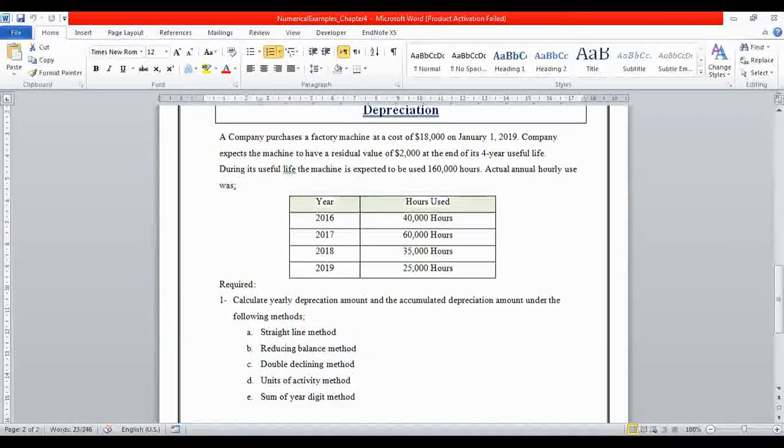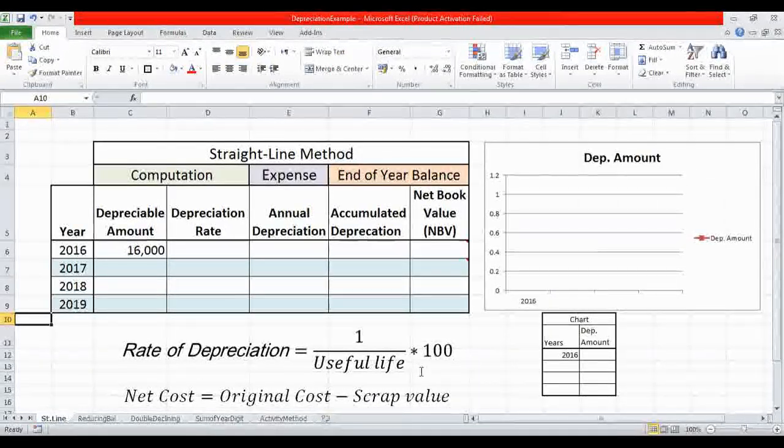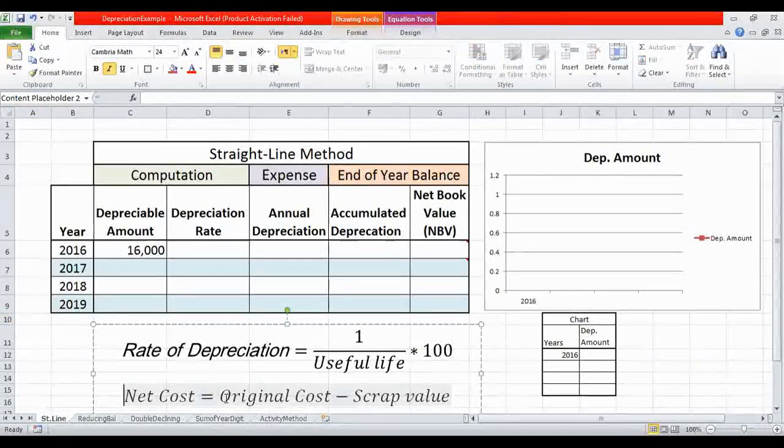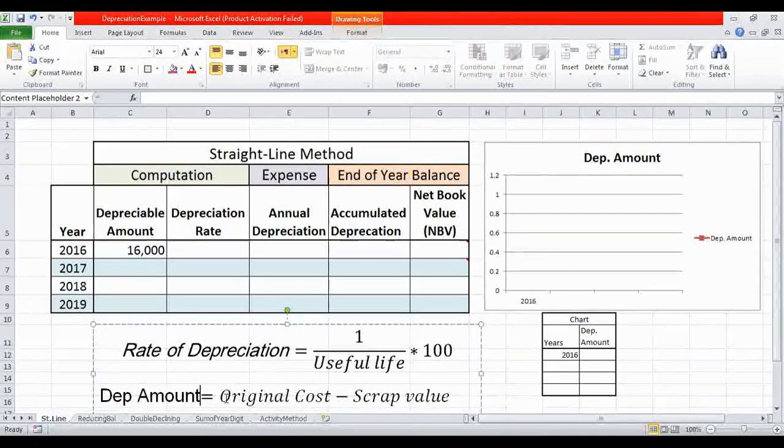So this is our Excel sheet. First of all, the straight line method. In this straight line method, first of all, we need to calculate the depreciable amount. In order to calculate the depreciable amount, we have this formula: the cost minus the scrap value.